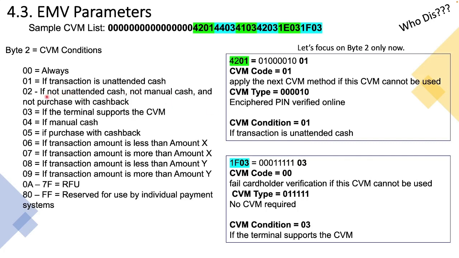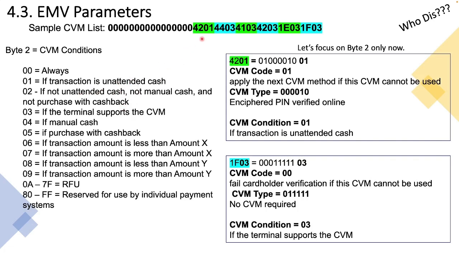But you get other more specific ones. So you could use 02, where you're saying, if the transaction type is not cash, it's not manual cash, it's not purchase with cashback, then you can use this, and then you can say use offline PIN, use plain text offline PIN or encrypted offline PIN to verify. We don't need to send the PIN online. The card will verify it as long as the transactions are unattended cash, right?